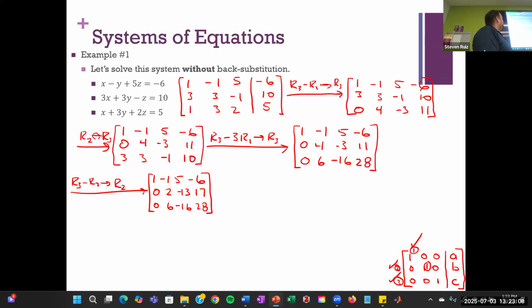Go ahead. We just divide row 2 by 2. Absolutely. Even though that might not be our first choice, I want to put it out there that it probably doesn't give you the friendliest numbers, but I'm pretty sure it's the most straightforward way to accomplish our next goal. So 1/2 of row 2 goes back to row 2.